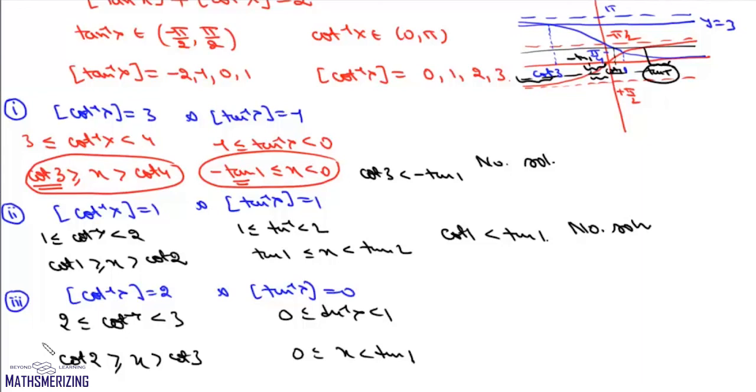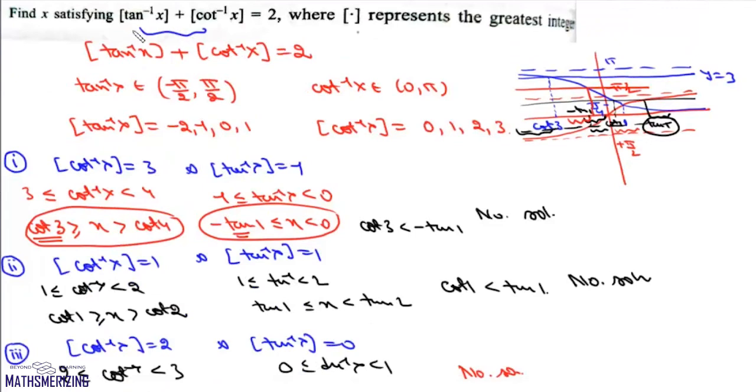Now we need to figure out cot 2. Now 2 is greater than pi by 2, so cot 2 will again be less than 0. So in this interval again, we have values on the negative side of x, and the second interval is between 0 and tan 1, which is on the positive side. So again, we do not have any common value between the two intervals. So here again, we have no solution.